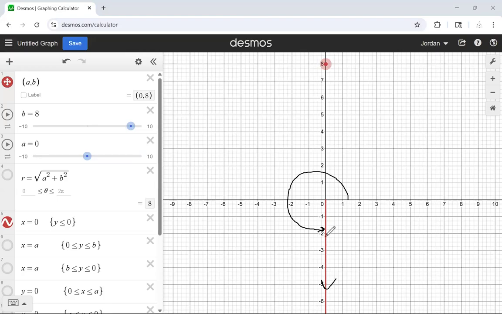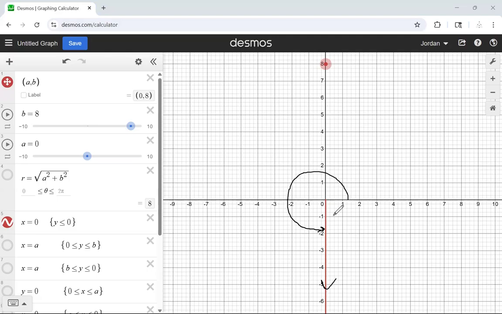Now, if I'm traveling along that in a negative direction, an r of negative 8 would say, instead of moving down 8 units, go in the opposite direction 8 units. So instead of moving down, we're moving up 8 units. And so that's why the negative r value is going to be shooting in the opposite direction.